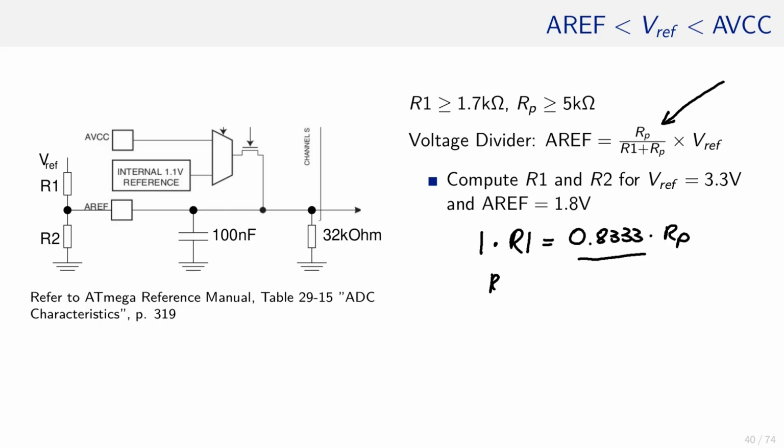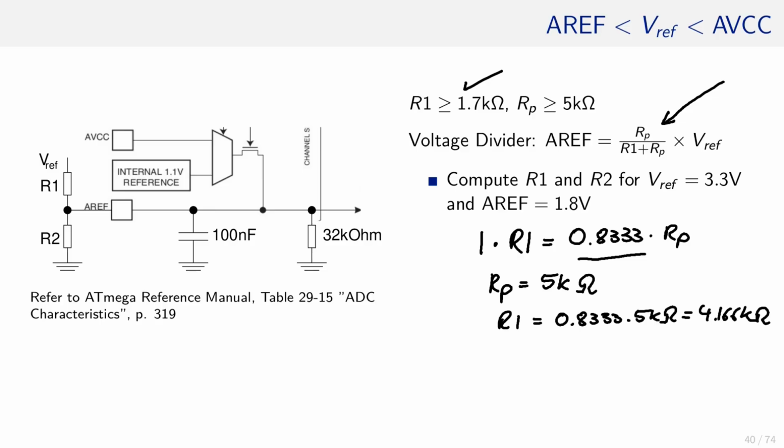Hence, if RP is 5 kilo ohm, then R1 is equal to 0.8333 into 5 kilo ohm, which is equal to 4.166 kilo ohm. Hence, this condition is met. The only value that is still missing is the resistance for R2.